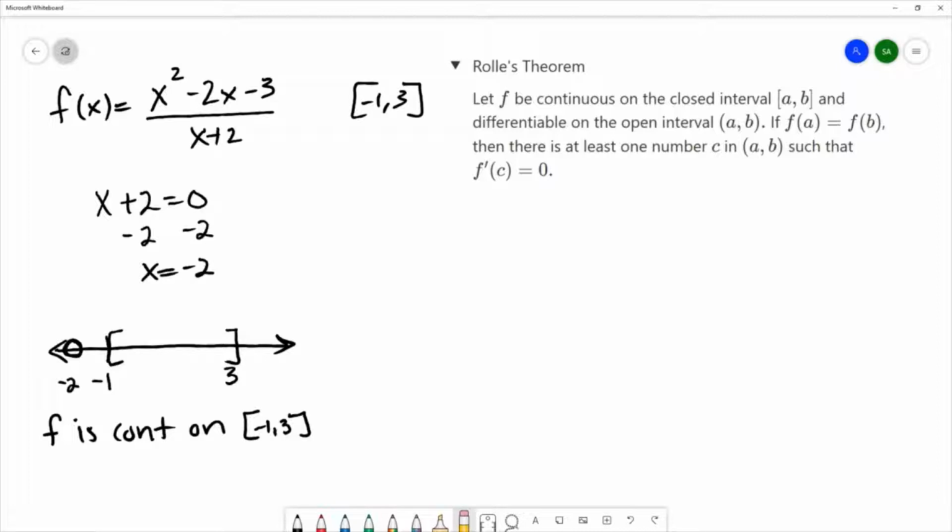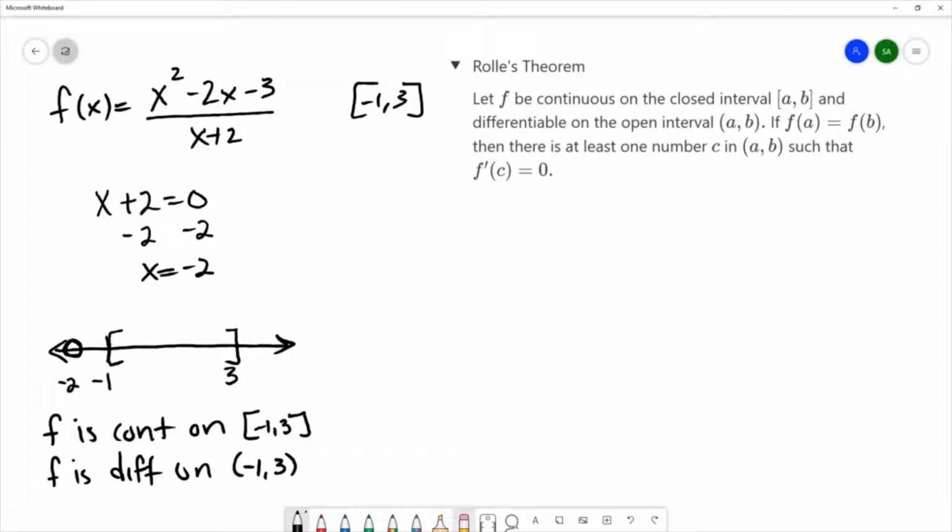Corners typically come when you have an absolute value function. Cusps come when you have some radical functions. It does not happen with a rational function, which is a polynomial in the numerator divided by a polynomial in the denominator. So we do have a function that is differentiable on the open interval from -1 to 3.